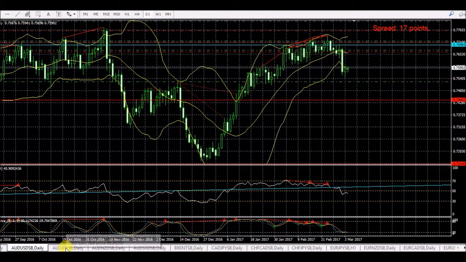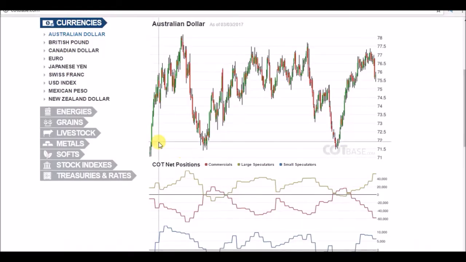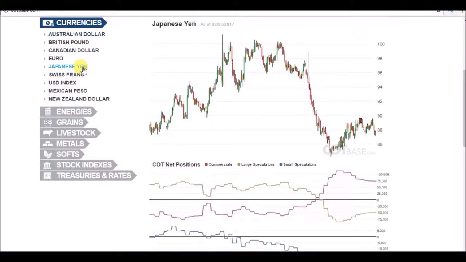Right, AUD JPY. We'll now go on to the commitment of traders report, and we will look at the Japanese yen. This is going a little bit squiffy here. Again, this graph does work fairly well for this pair.